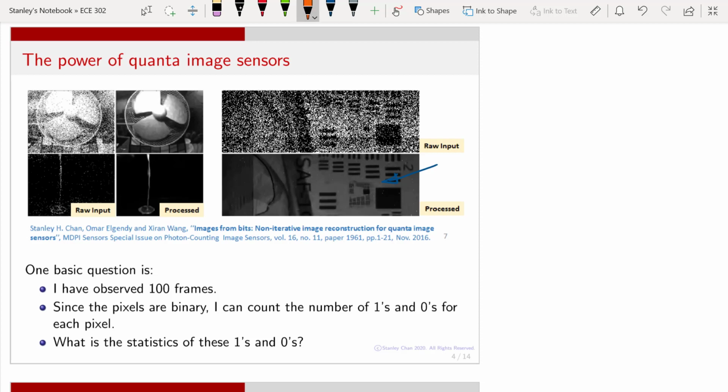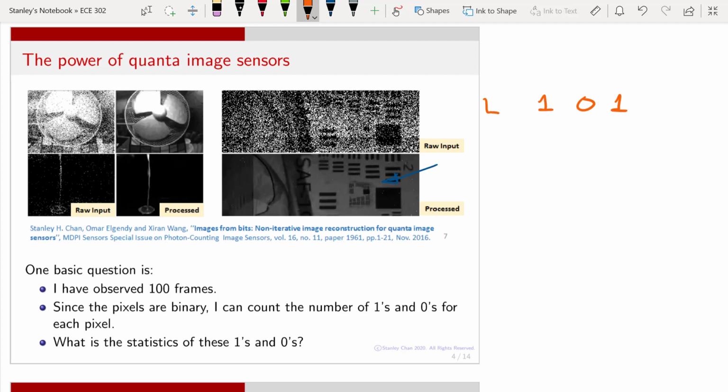Now, let us ask the second question. Why is the sensor related to the binomial random variable, which is the subject of this lecture? Recall that the binary bits that the sensor sees will be 1 and 0.